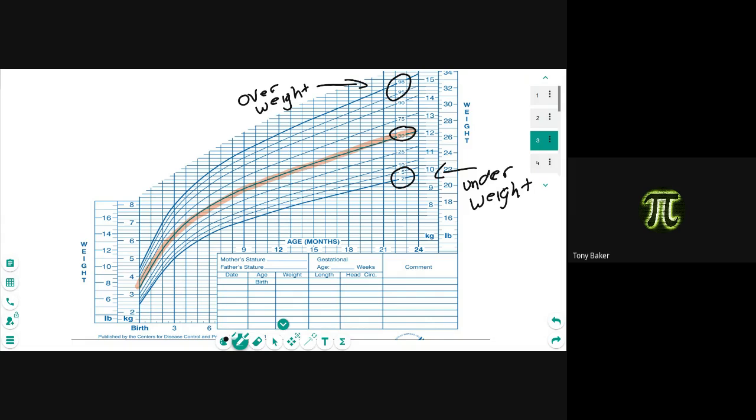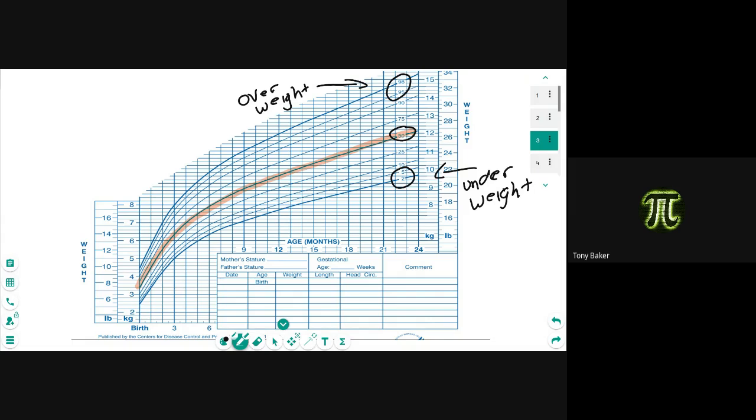You're overweight. Unfortunately, a lot of parents, when they speak to the doctor and the doctor tells them, oh, you're in the 98th or the 95th percentile, they're happy with that because they don't understand what percentiles mean. They just hear 95%, and they're used to school where the higher the percent, closer to 100, the better you are.